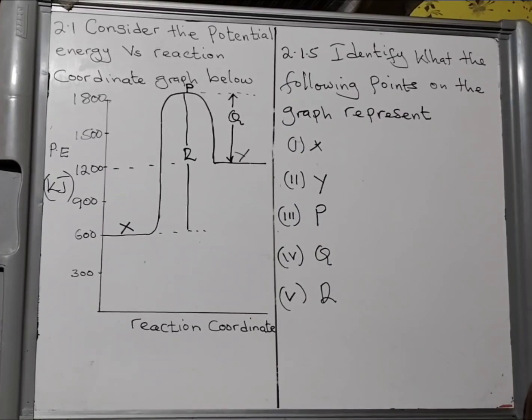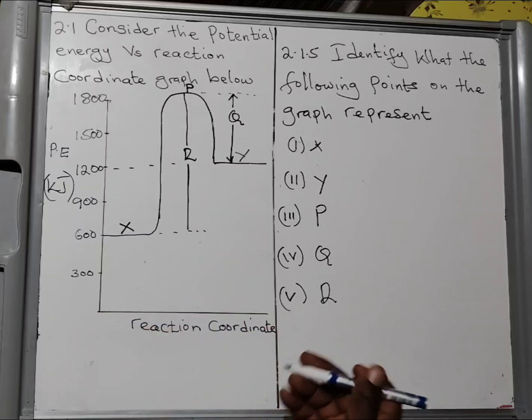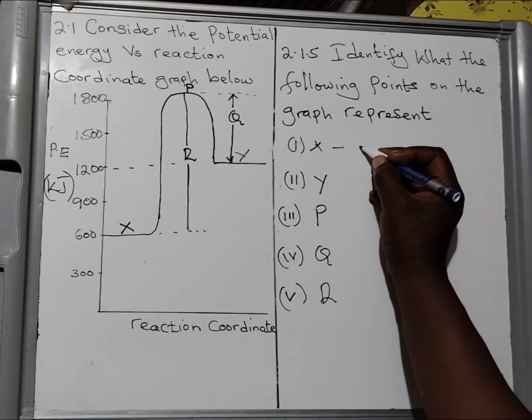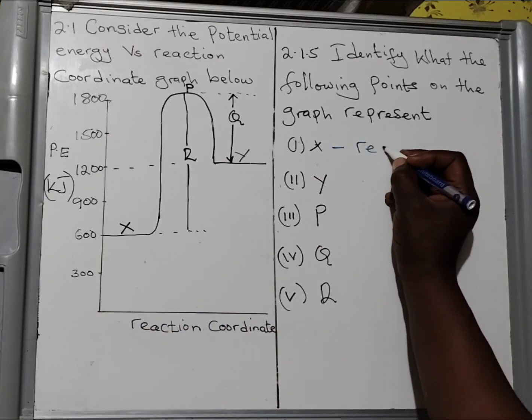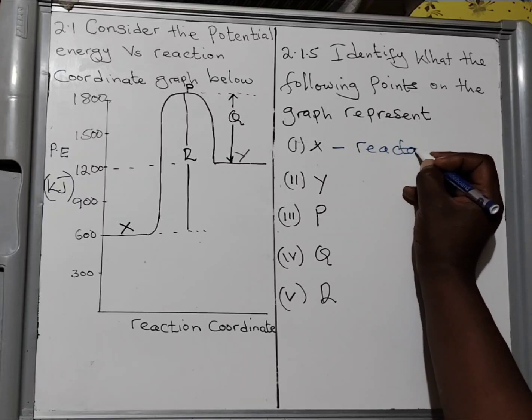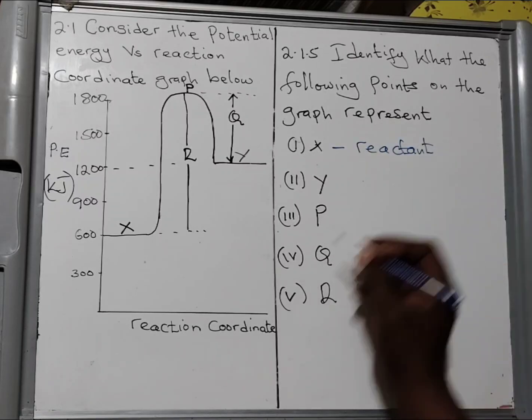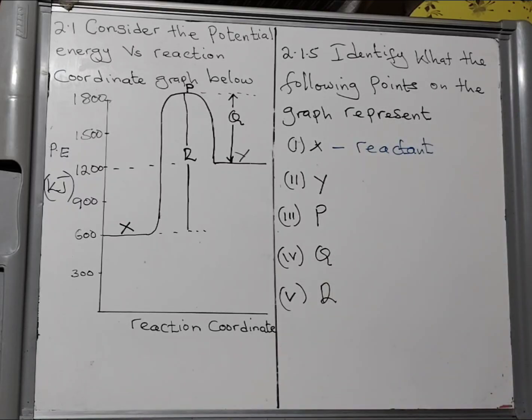Then comes this question, 2.1.5. It says, identify what the following points on the graph represent. First one is X. What does X represent? X represents reactant.